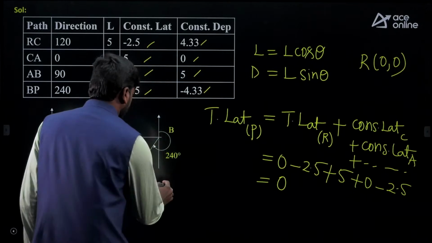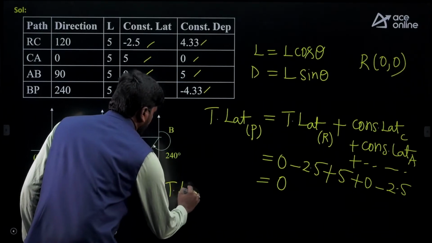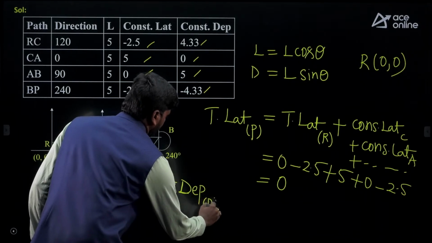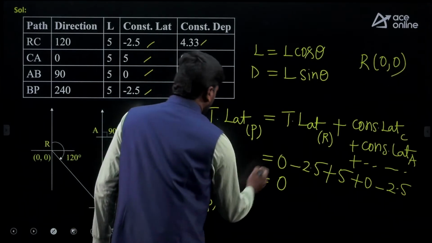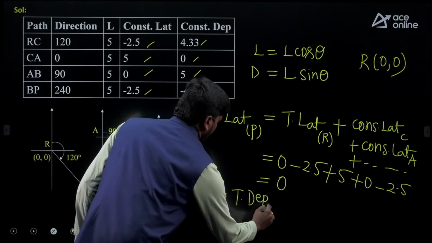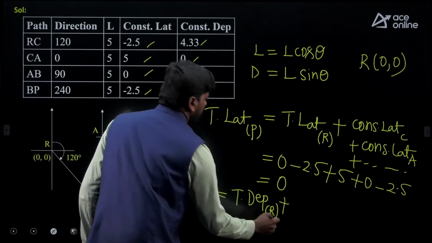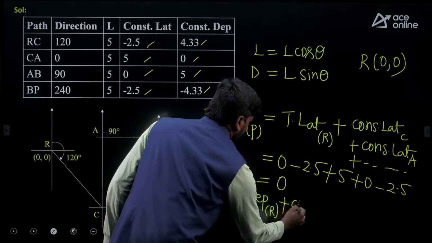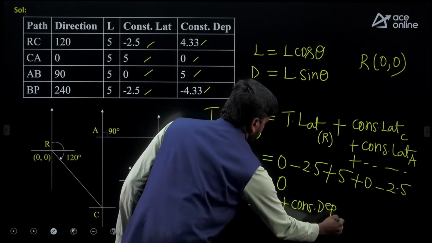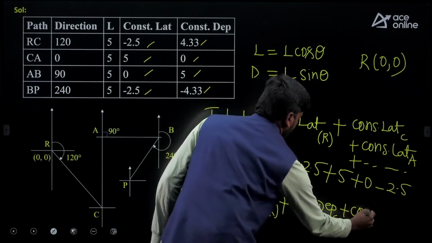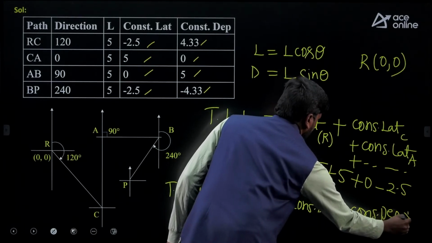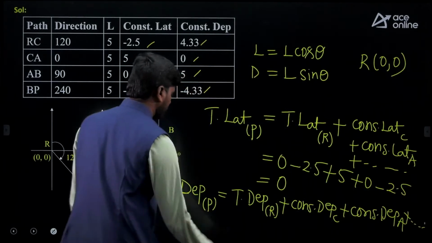In the similar fashion, the total departure of point P will be the total departure of point R plus consecutive departure of C plus consecutive departure of A plus and so on, right?